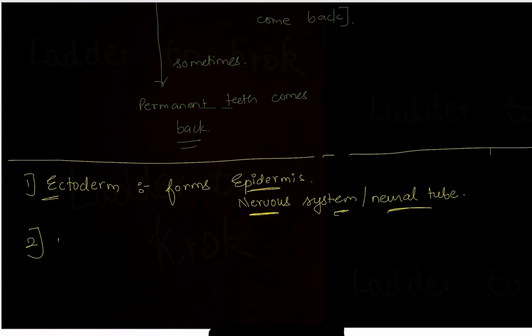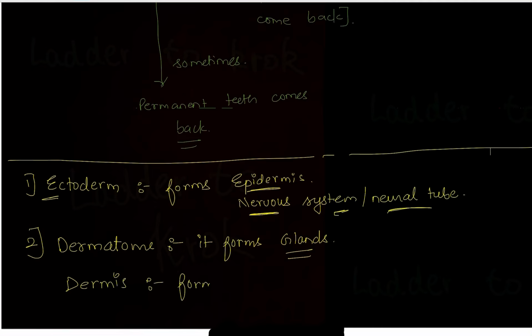The second thing you should remember is the dermatome. This dermatome is formed by... it forms glands. So glands in our body are formed by dermatome. Lastly, the dermis forms somite of mesoderm.